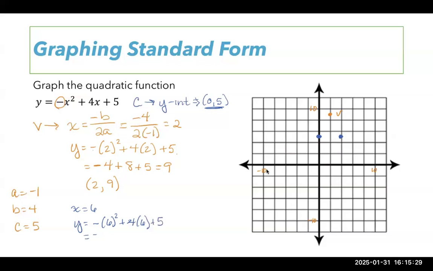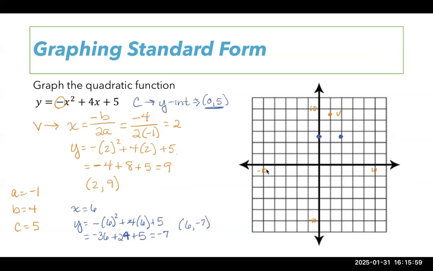So we'd have a -36 plus 24, 24 plus 5. So the +24 and the +5 would be 29. Add that to the -36, and we would get a -7. So we have a point of 6, -7.